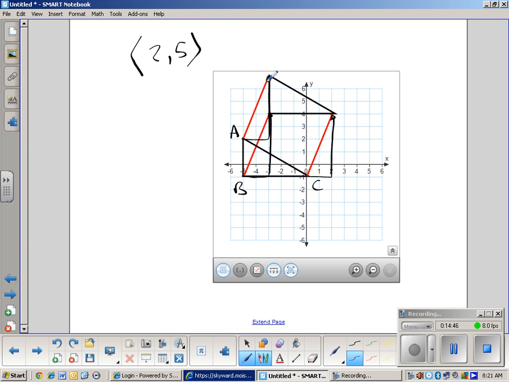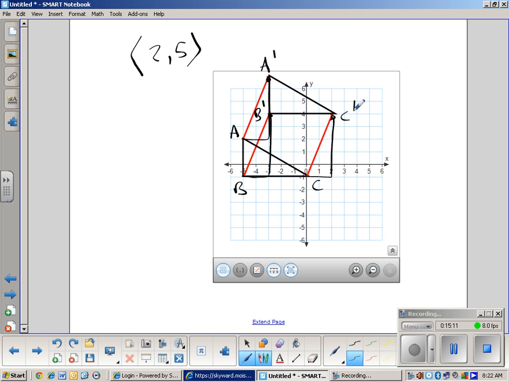Okay? And so this is A prime. This is B prime. And this is C prime. Okay? That's all you have to do when they ask you to translate on the coordinate plane. And they give you a vector, the vector coordinates 2, 5. That means you're going to move every point 2 to the right and up 5.